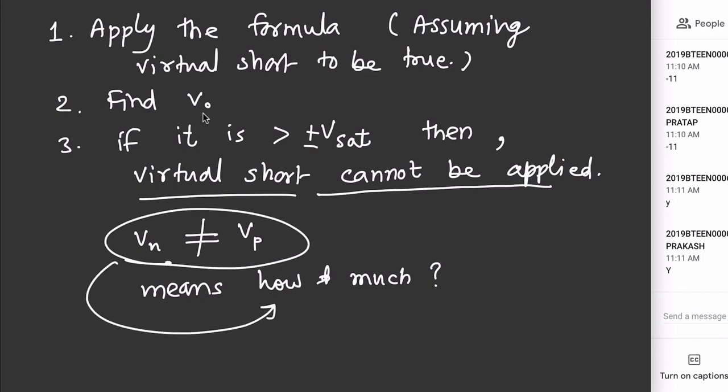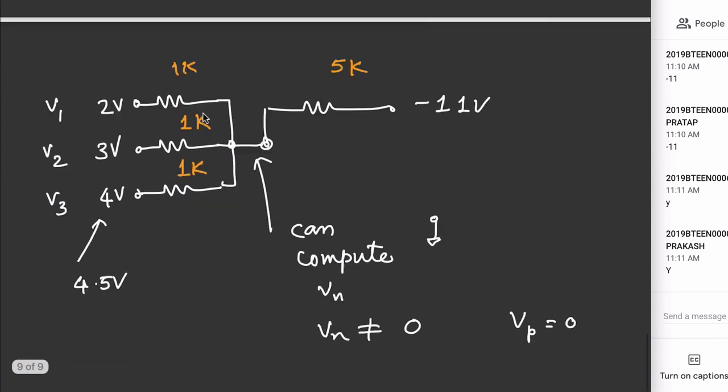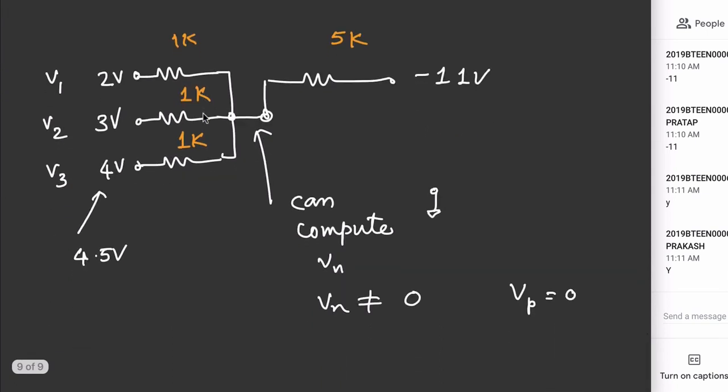Then how much? For that, we use the fact that the output is constant, and then we can use the superposition theorem again and find out Vn, and we will find that this is not 0. Okay, so this much we understood today. And did you understand today's topic?